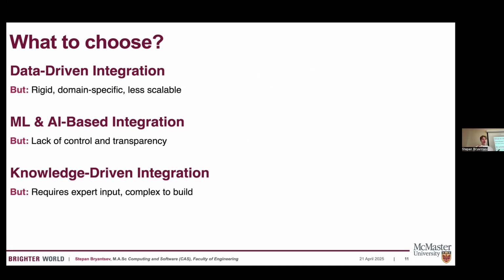You write some SQL query or Python script that helps you integrate the data. But the problem with this approach is that it is very rigid and domain specific. It is not scalable and it probably won't work for another scenario. So it is not universal at all.